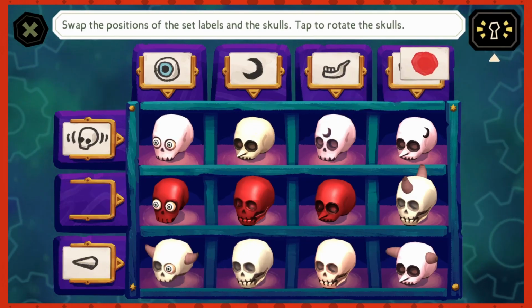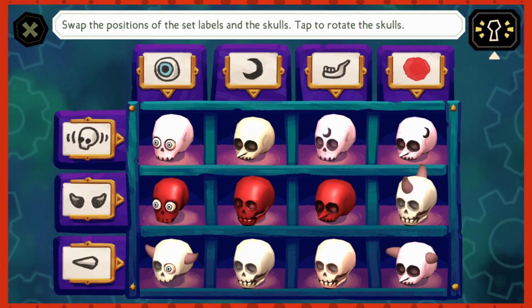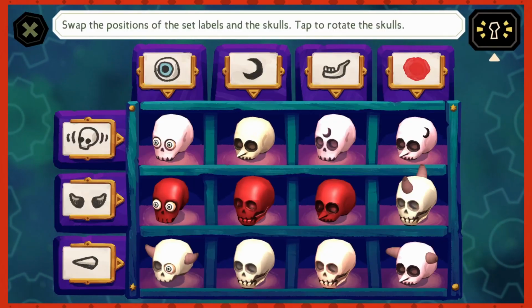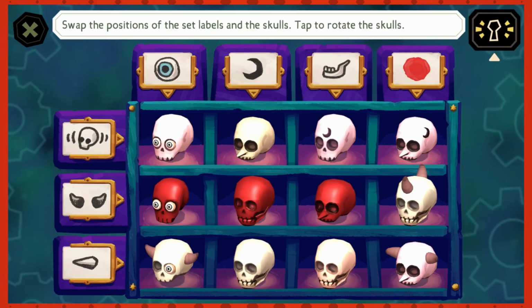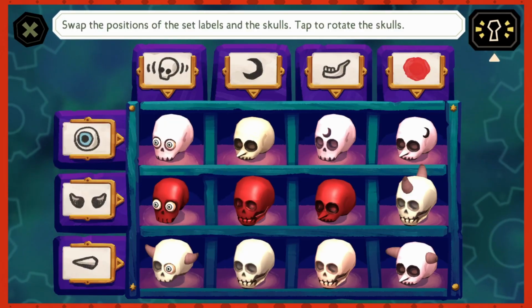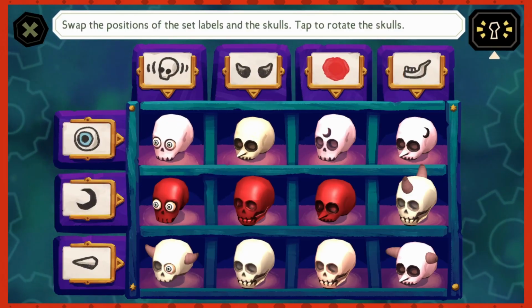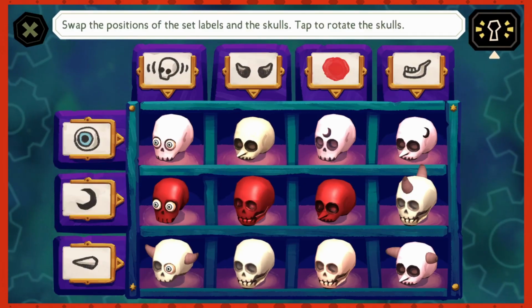Right. So red has to be up here because there's only three that are red. There are only three that have horns. How many shake? One, two, three. So, okay. There are only three that have horns. There are only three red ones. And there are only three that have jaws. So those all belong up here.